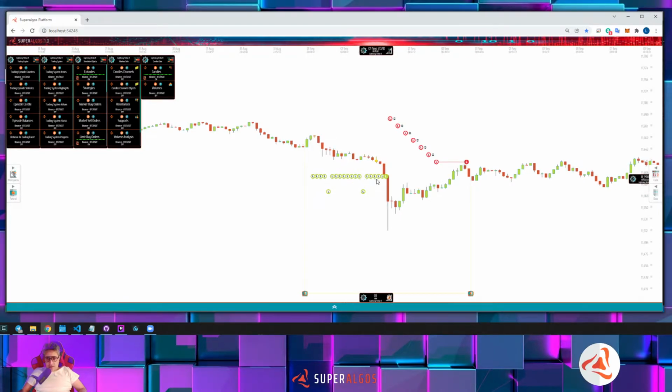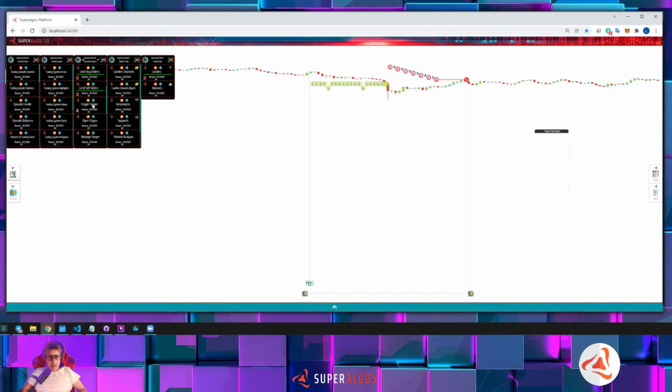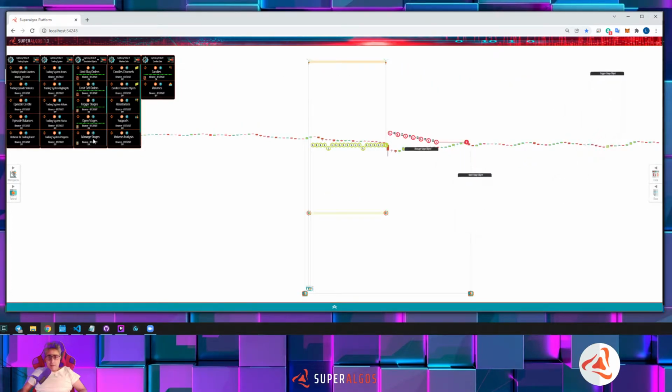because if you check the charts, it managed to go through the open, and here it closed the position. And let's get the stages here. Trigger stage, open stage, manage stage, and close stage.